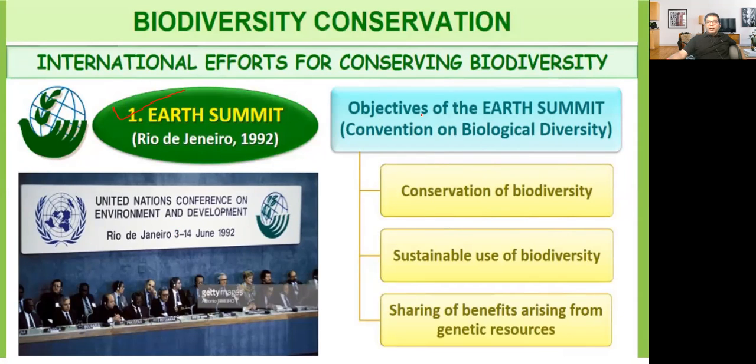Here, the objective of the Earth Summit, the Convention on Biological Diversity, was the conservation of biodiversity. They focused on three major objectives: conservation of biodiversity, sustainable use of biodiversity, and sharing of benefits arising from genetic resources.